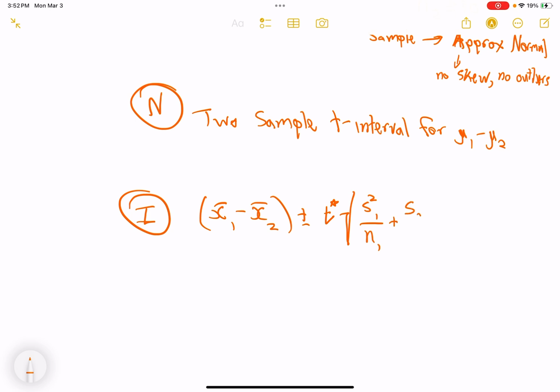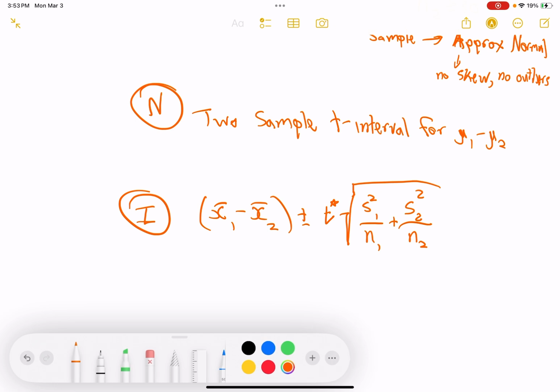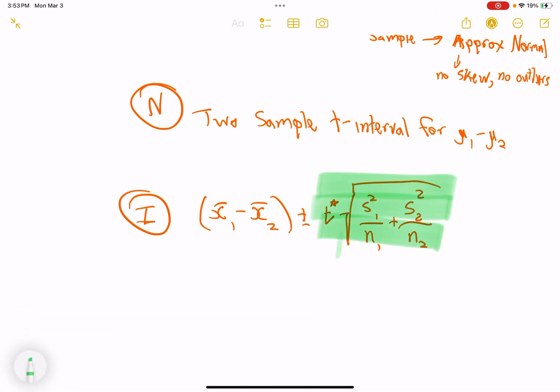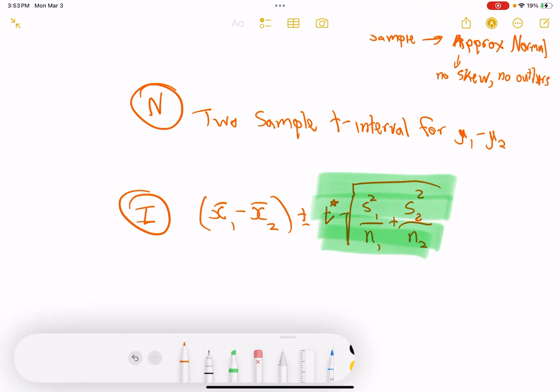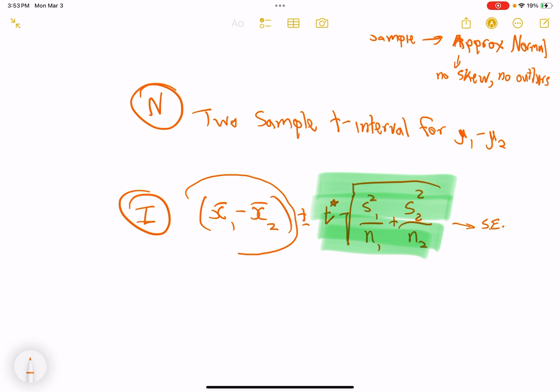The reason I want to show you this is that you may get a multiple choice question where things are formatted this way, so you need to be sure that you understand. Remember that this green part represents the standard error, or the standard deviation of the sampling distribution. And then your sample statistic is here, in this case, the sample statistic of the difference between the two.